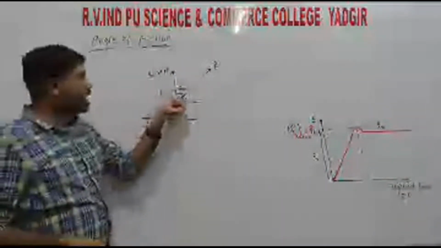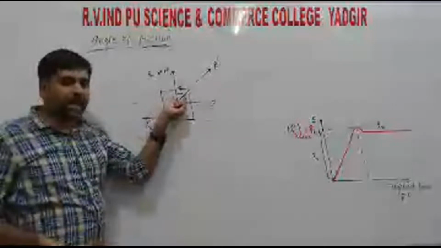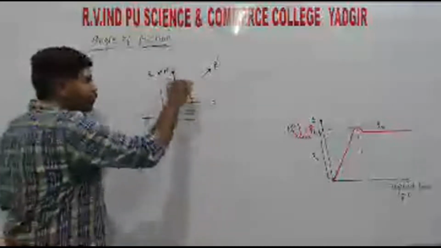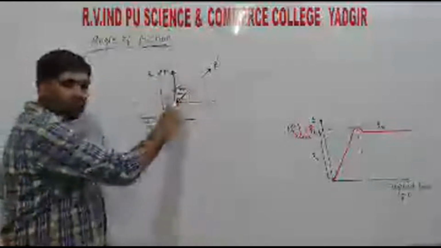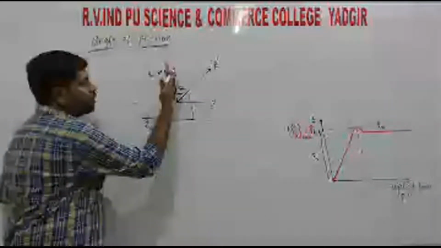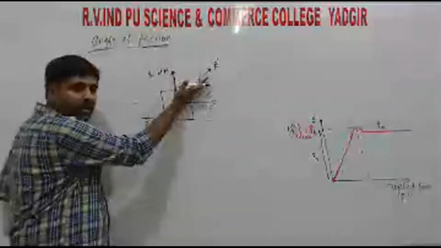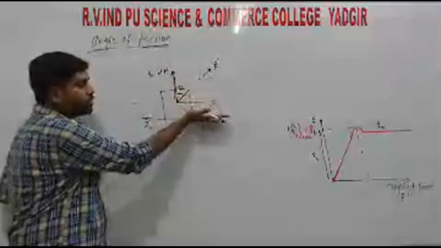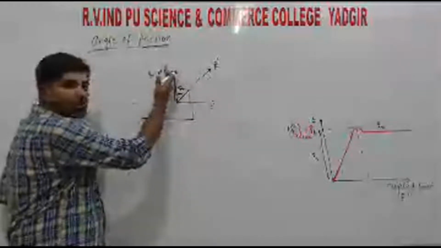So how we define the angle of friction: it is the angle between the normal force and the resultant of the two forces. One is applied force and the normal.